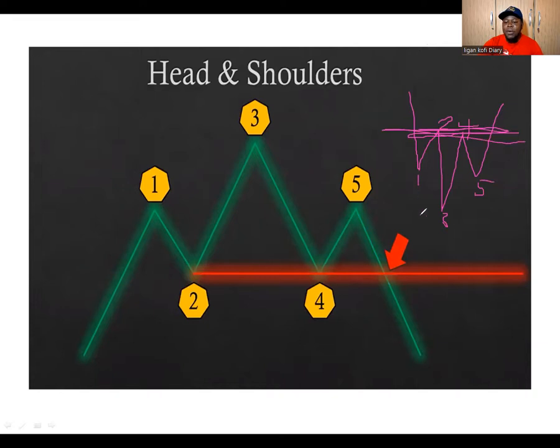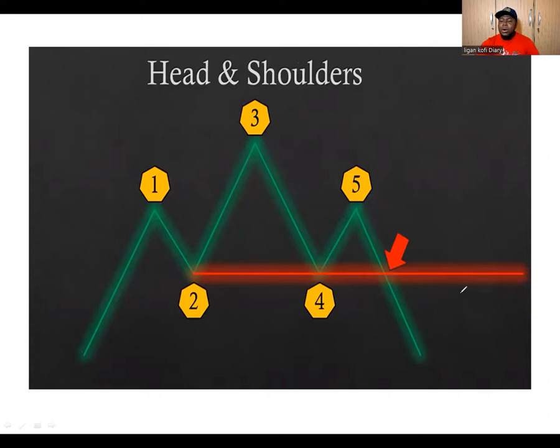So at this moment, you have 1, 3, and 5 as your head and shoulders. So the 3 is the head, the shoulders are the 1 and 5. So the head and shoulders pattern can either be formed on a bearish trend, and if it's on a bearish trend, it will be a W formation. And if it is on a bullish trend, it will be an M kind of formation. Do you get this? So you are looking at a maximum of 5 bottoms and then ups. So 1, 2, 3, 4, 5.